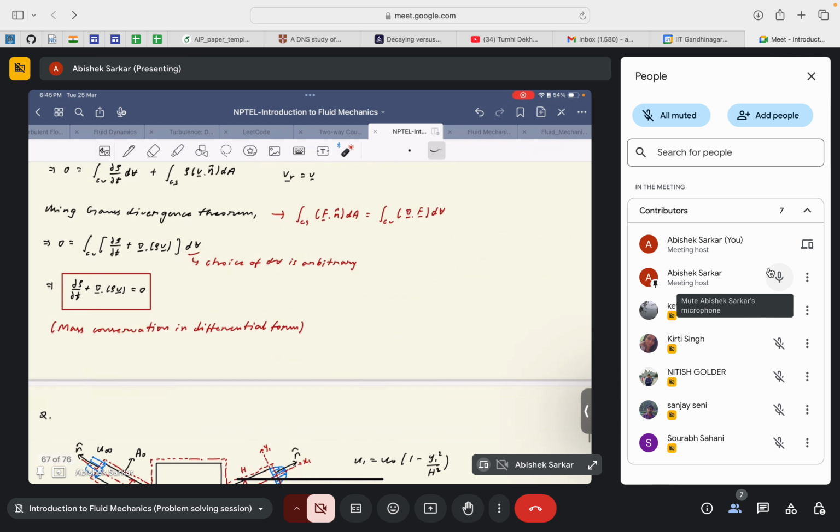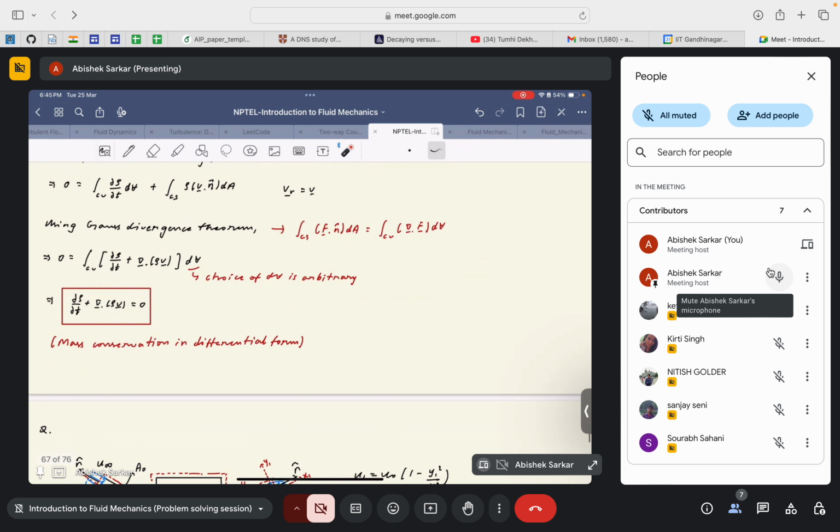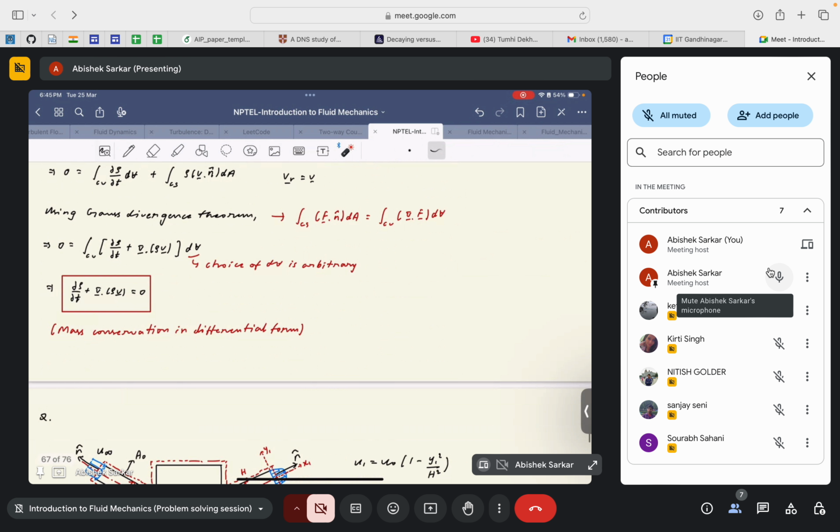Now if we consider this integration to be 0, then it can only be 0 when the integrand itself is 0 for an arbitrary choice of control volume, or the elemental volume dV. So then del rho by del t plus nabla dot rho v should be equal to 0, which is exactly the mass conservation equation that we obtained in our previous classes.